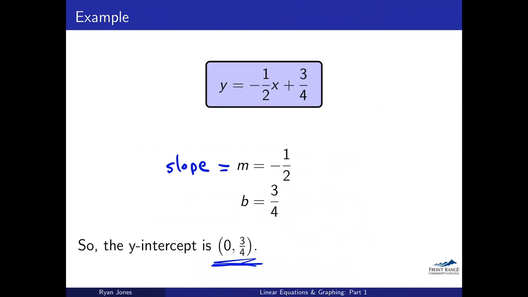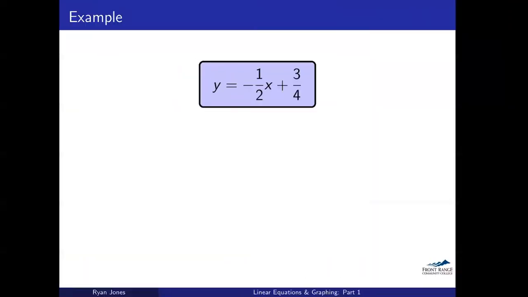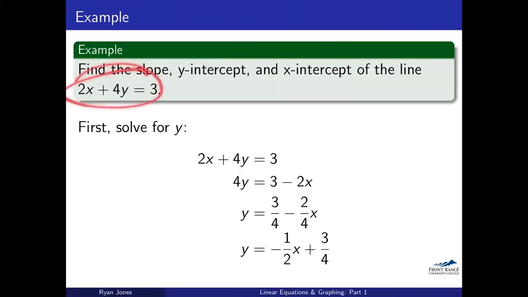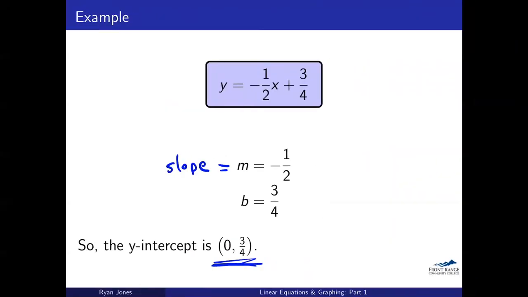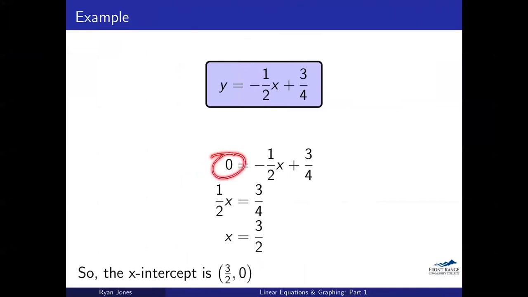Now, to find our x-intercept, as we said, we're going to set the y value equal to 0. Because we already have it written in this format, I'm going to just do it right from here and solve for x, just set that y equal to 0. You could do it from the original equation, and that's perfectly acceptable. Either way works, you'll get the same answer. But just because I already have this written in this form, we're just going to set that y value equal to 0 right there.